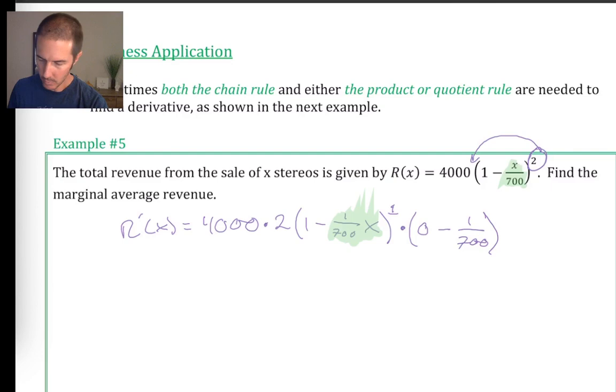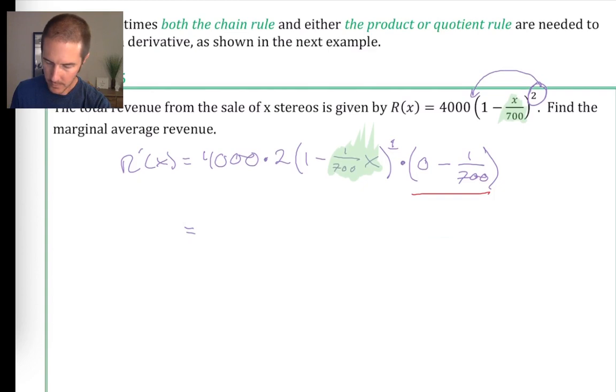All right, so I think that's the entirety of the chain rule. And this is really the key part of the chain rule. This is the derivative of the inner function. And then let's clean it up. The 4,000 times the 2 makes 8,000. And then this is multiplication by negative 1 over 700.